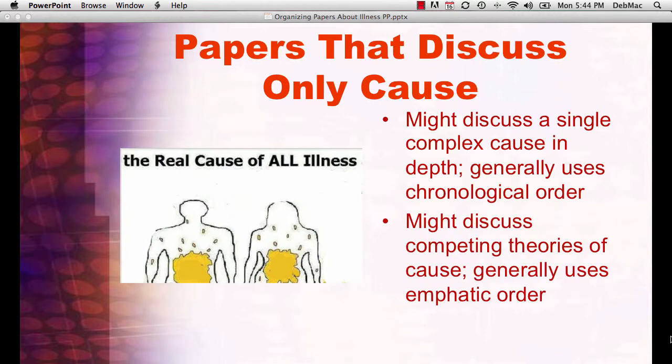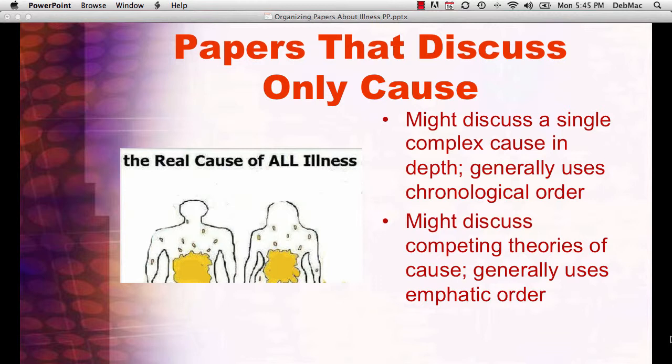But another way that these papers might be approached, if the research leads you to focus on it in this fashion, is to discuss competing theories of cause. For example, no one really knows for sure what causes cancer. You might do research and discover that there are competing theories as to what causes cancer. In a case like that, you would use emphatic order.